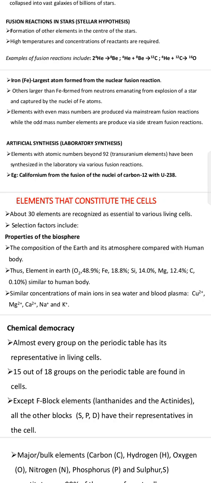So this can be a meaning that you can take for the mainstream fusion reaction. Just keep in mind that all the elements with odd mass numbers were produced from a side stream fusion reaction, and those with even mass numbers were produced from the mainstream fusion reactions.